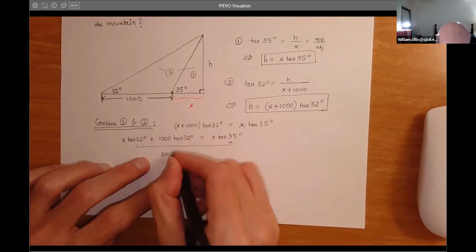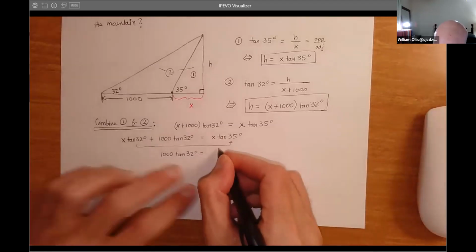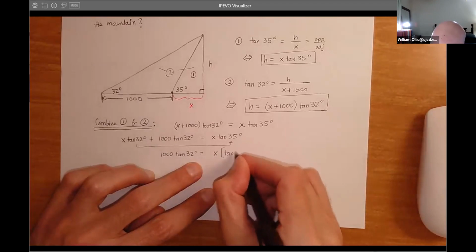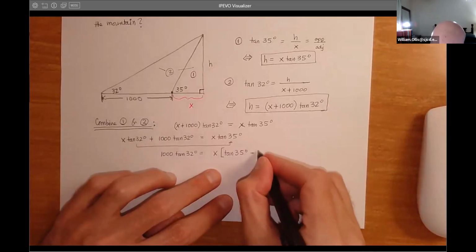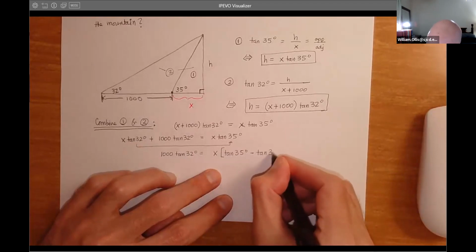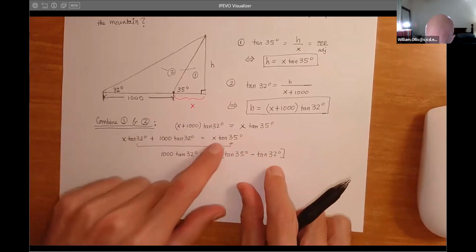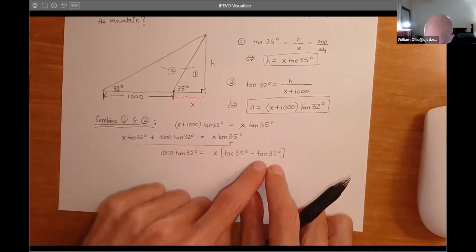So 1000 tangent of 32 degrees. So we're going to have x. So we'll have tangent of 35 degrees minus the tangent of 32 degrees after we factor right there. So take this over, extract the x, and we have the tangent 35 minus the tangent 32.